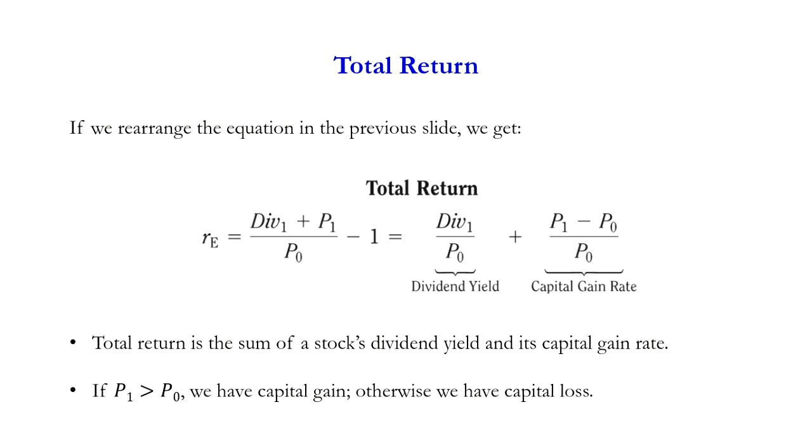So this is our formula for total return, and we can also decompose it into two parts. The first part is the dividend divided by the price at which we bought the stock, P0, which is called the dividend yield. The other part, P1 minus P0, is called capital gain or capital loss.